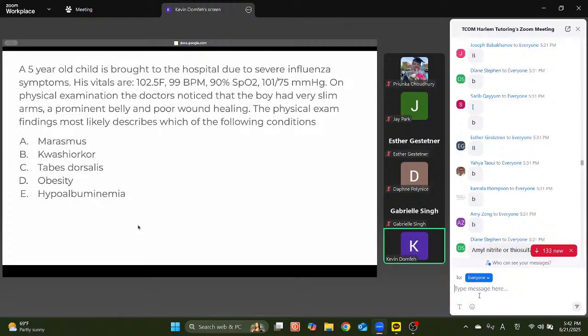On physical examination, the doctors noticed that the boy had very slim arms, a prominent belly, and poor wound healing. Physical exam findings most likely describe which of the following? Yes, it's B. It's kwashiorkor, right? What would you find in A?